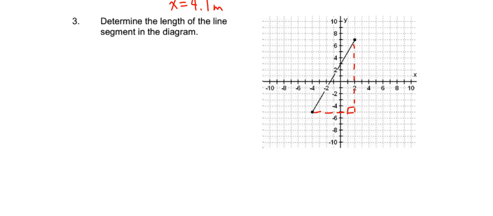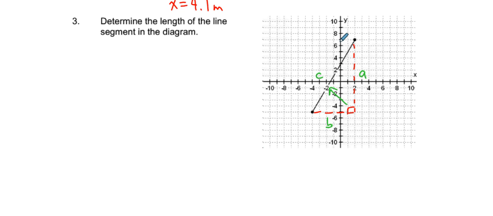And so from here, I'm going to label the sides of my triangle. I know that across from the right angle is always C, and my other two sides are A and B. So because I want to know the length of this line segment, the C is what I'm trying to find. So in order to do that, I need to calculate what the height of A is and what the width of B is.